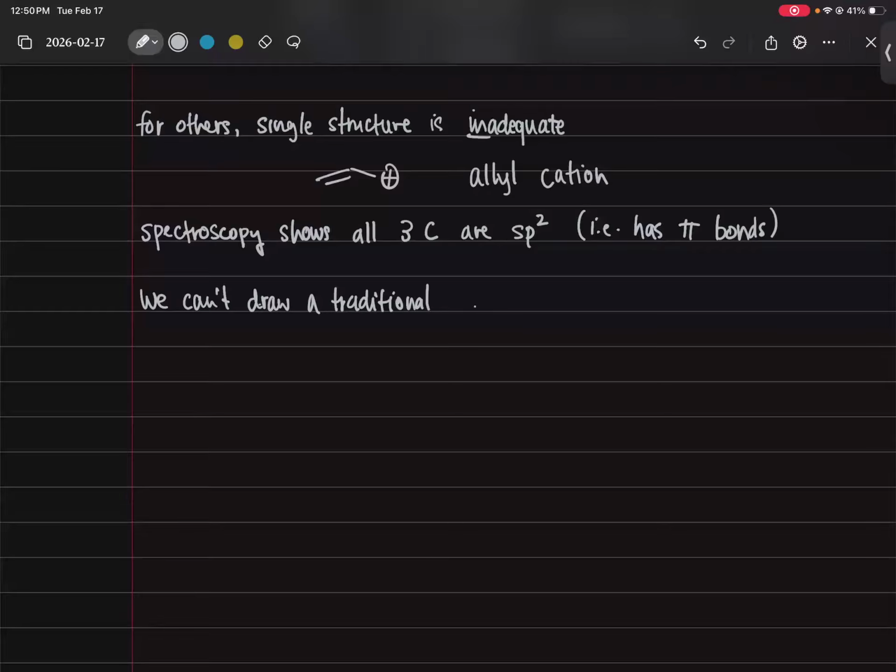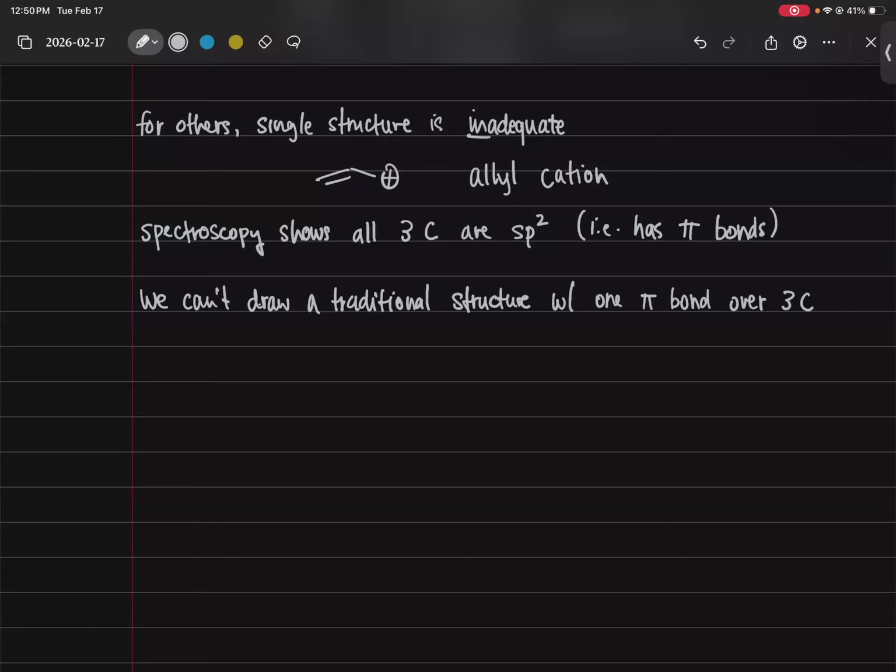We can't draw a traditional structure that has that one pi bond spread over the three carbons. That doesn't really make sense.